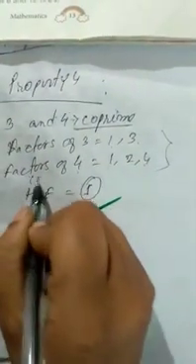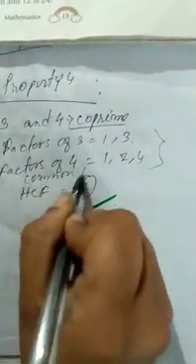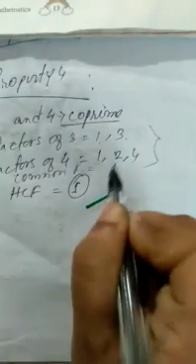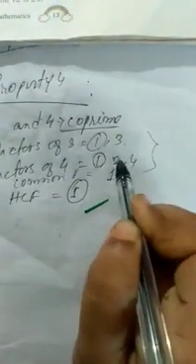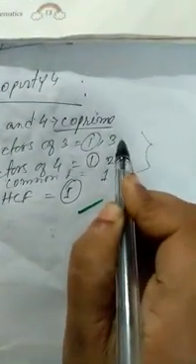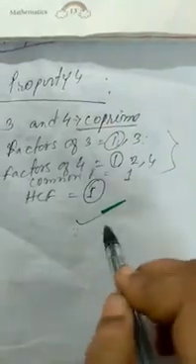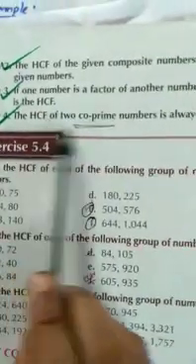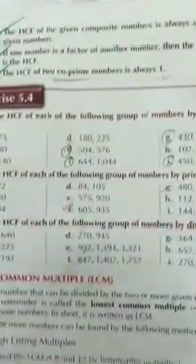So in the common factors, only 1 is coming, because 2 is not there, and 3 is not a factor of 4. So the only common factor is 1, so the HCF will also be 1. That's all that property 4 says: the HCF of two coprime numbers is always 1. Fine. I hope the properties are clear to you.